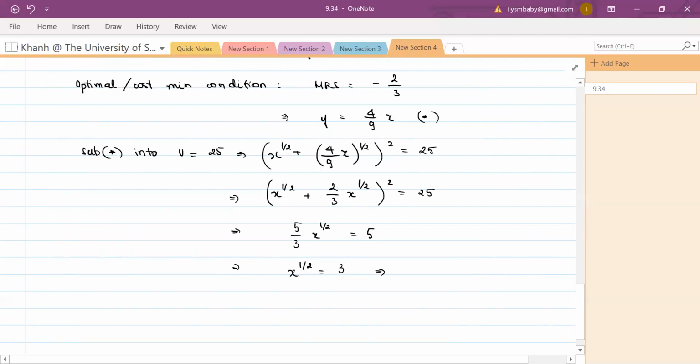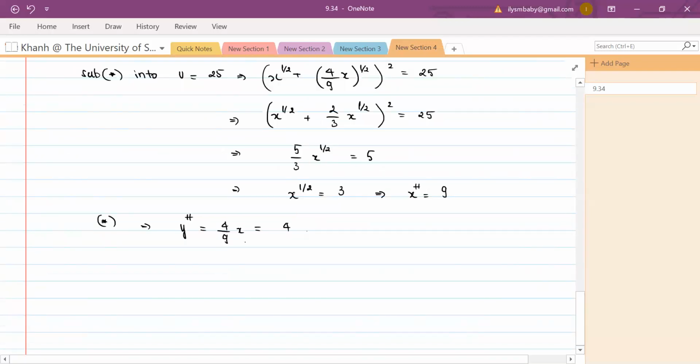So the square root of x equals 3, and x is equal to 9. Knowing x equals 9 from the star condition, we derive y equals 4/9 x, which is equal to 4. So the Hicksian demand for x and y is 9 and 4.